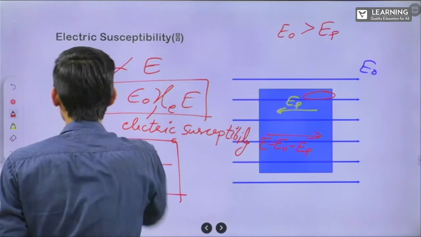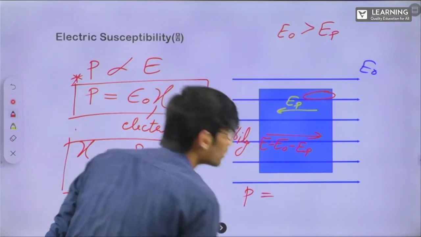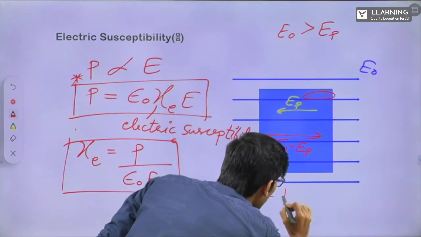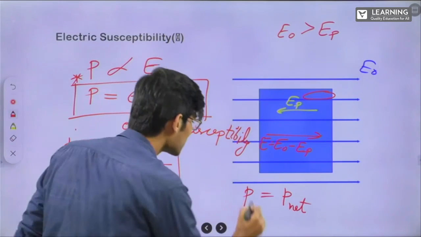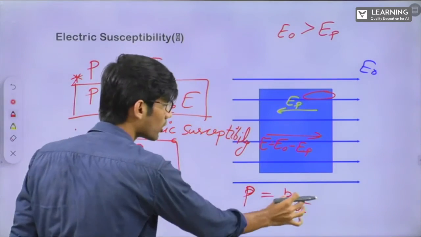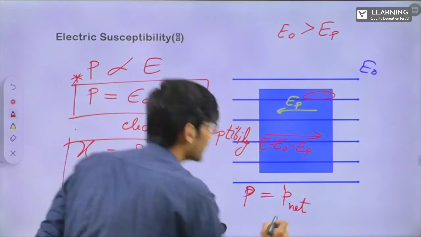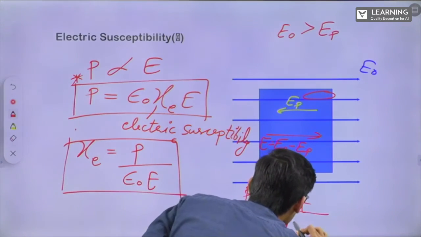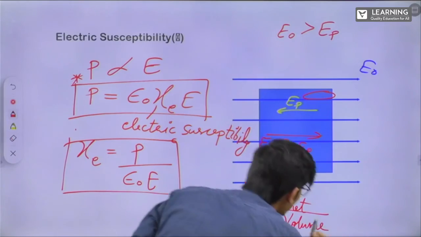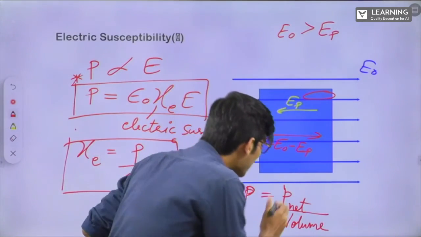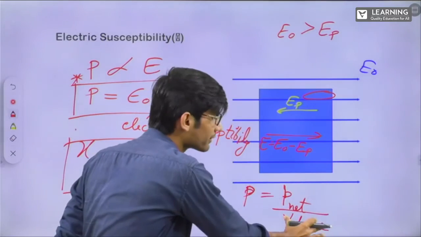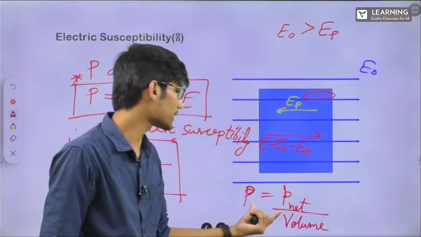Polarization is equal to P net. Capital P is polarization. Small p net is dipole moment per unit volume. I am not writing V because some people confuse it with voltage, potential. Polarization is equal to net dipole moment of this material divided by the volume. This is what polarization is.